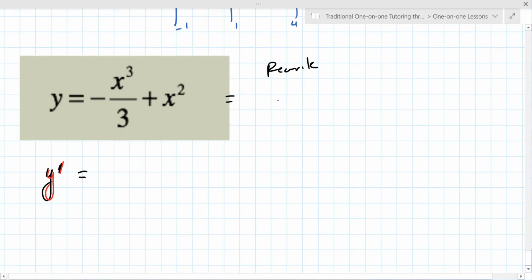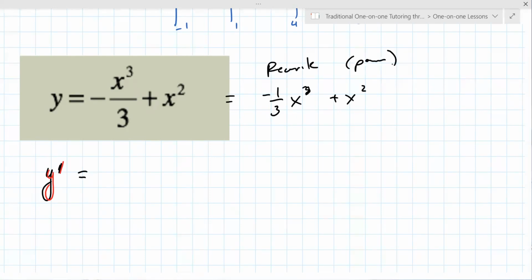I'm going to do a rewrite here. So this is -1/3 x cubed. So it is just power rule. That's why you do so many of these. You think it's more complicated than this. It's not. So then it's 1/3, that's just -1 x squared.